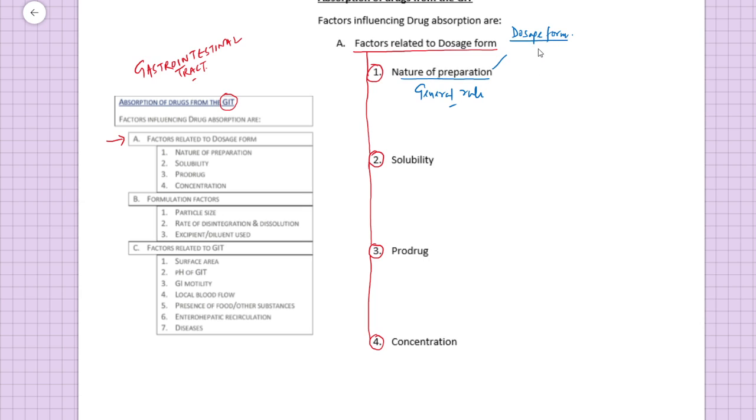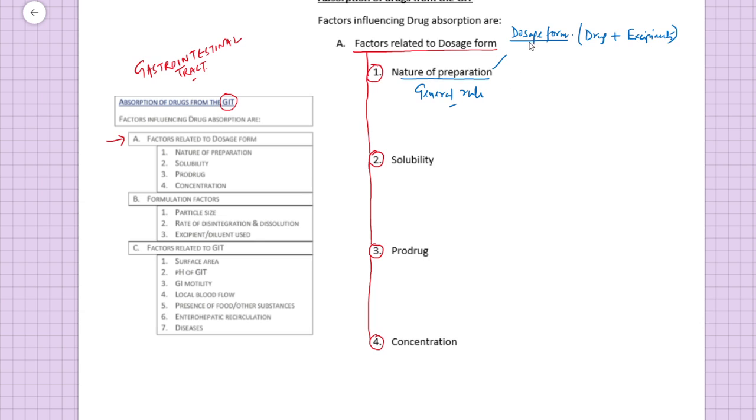So what are dosage forms? We talked about this. It's basically the drug plus excipients, which are formulated to serve as an acceptable means of administration to the patient.